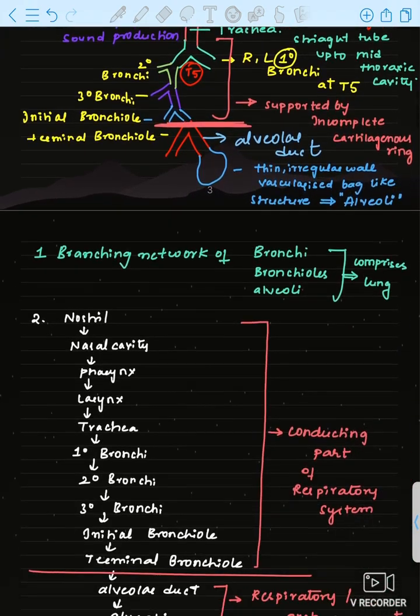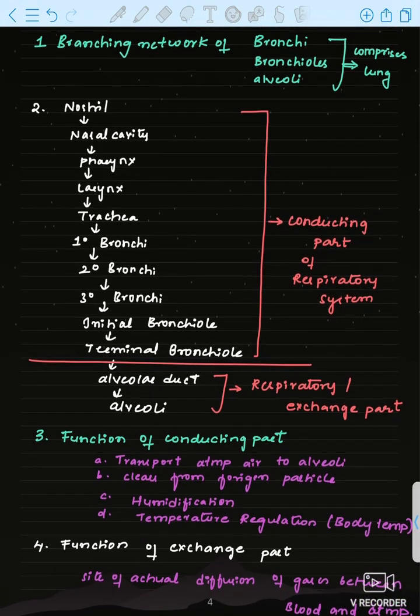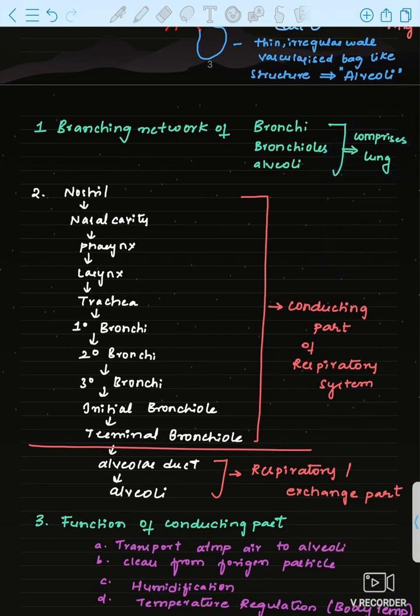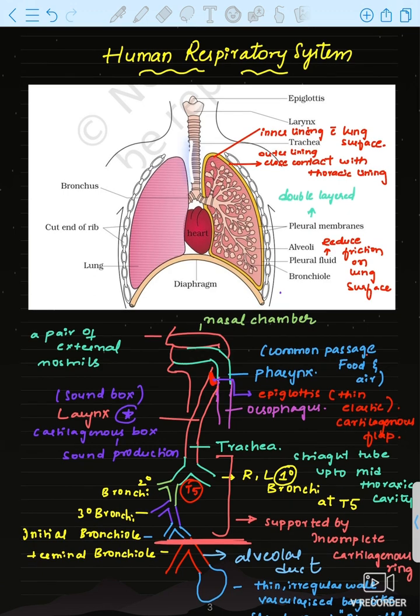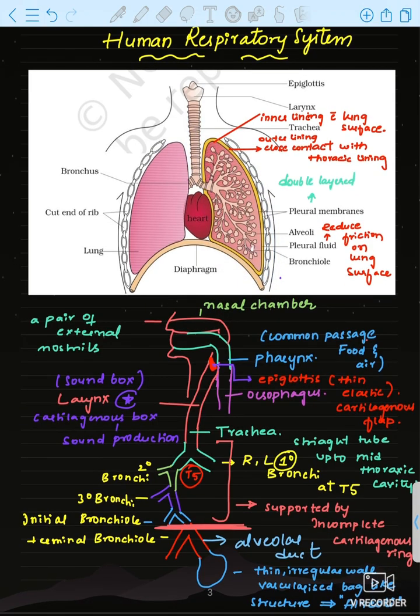What comprises the lung? See, I will show you here. See, it is trachea. Trachea is outside the lung. But what is inside the lung?